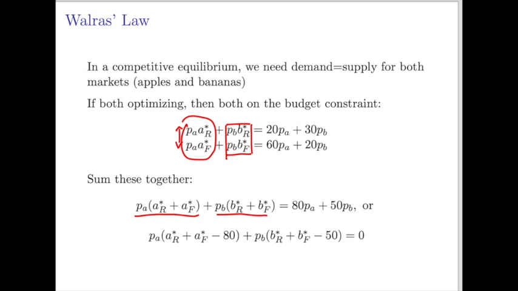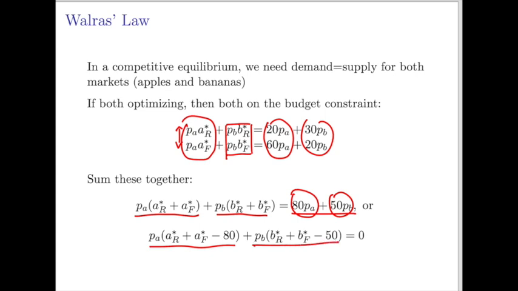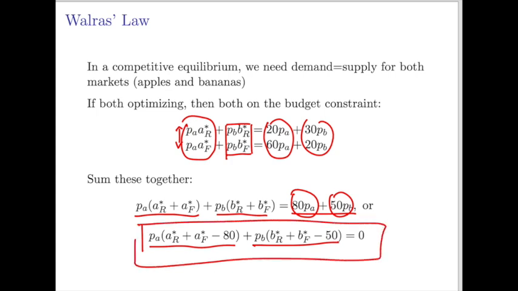Again, it's PB times BR star plus BF star. We've got 80 times PA and 50 times PB. That's what we got here. So what we can do then is subtract 80 PA from both sides and 50 PB from both sides and factor out the PA and the PB. So we've got these two terms on the bottom, and we can simplify this equation to this.